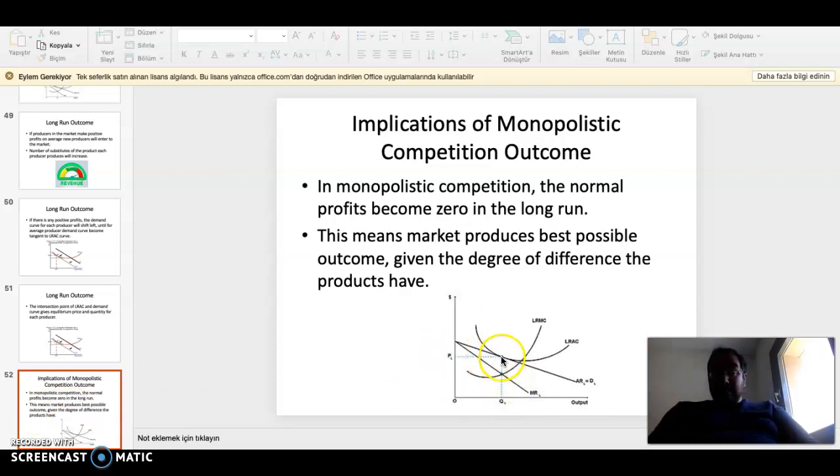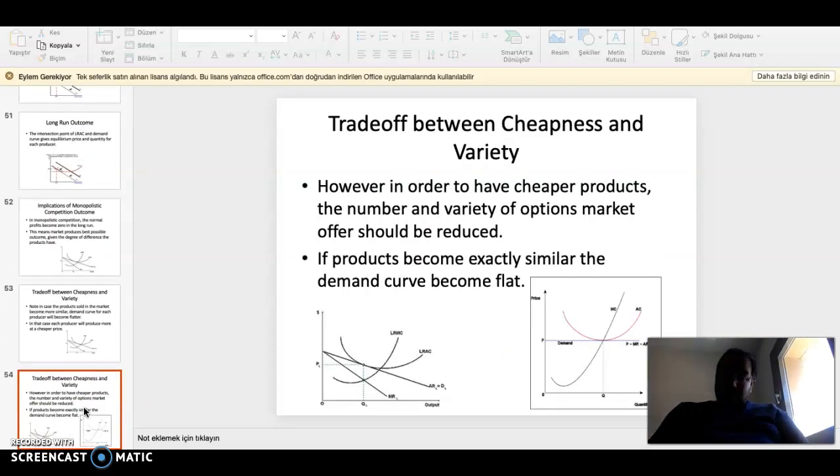Note, however, that if the demand were flatter, the market would turn into a perfectly competitive market. That would allow us to decrease the price and increase the quantity. So in that sense, let's compare two markets.